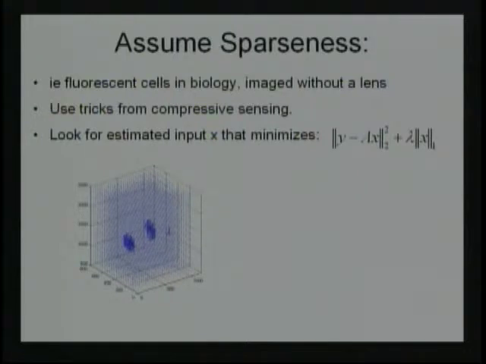Well, one thing we can do, in the context of our little floating blobs in space, is assume that we have a sparse set of floating blobs in space and add that as a constraint. It's a nice constraint to use because it fits very well with the whole branch of signal processing that's been developing in the last decade in compressive sensing. So rather than just trying to minimize the mean square error, which is essentially what you do when you do an inversion, we try to minimize the mean square error with an additional penalty associated with being non-sparse.